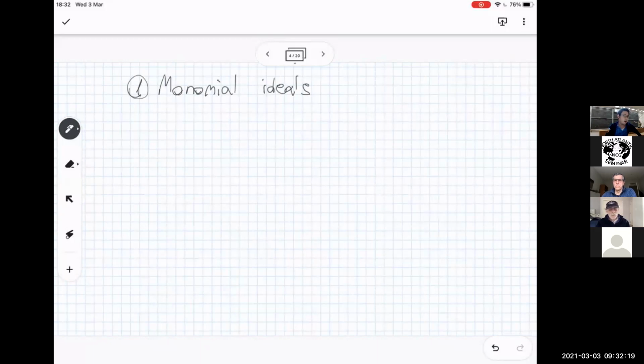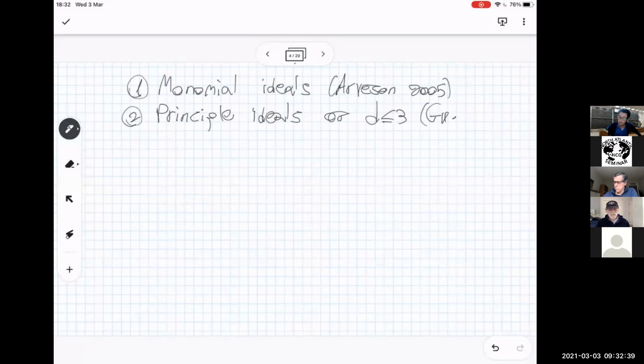All my ideals here are homogeneous. This was in 2005. Then for principal ideals, or when d is less than or equal to 3, by Guo and Wang, 2008.